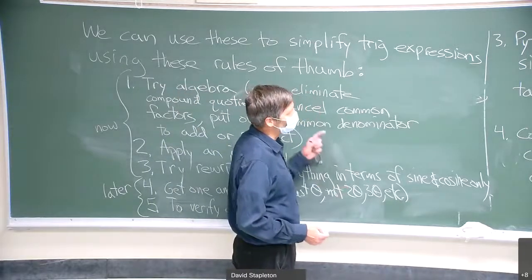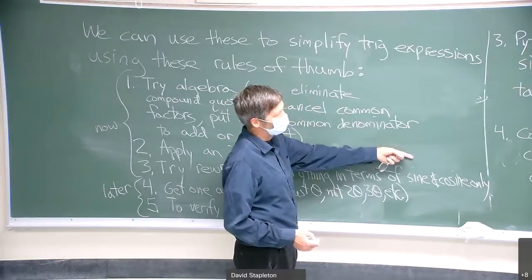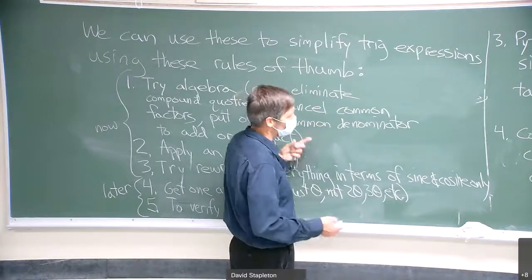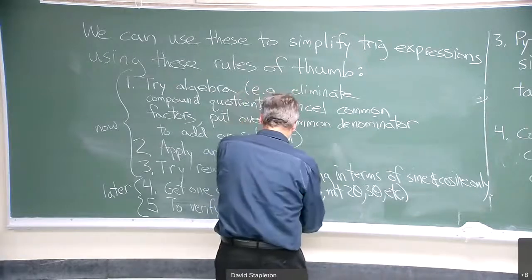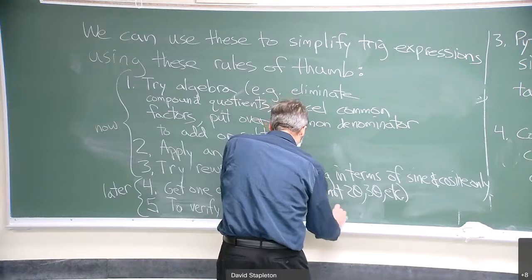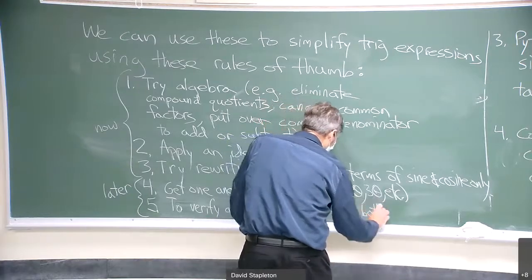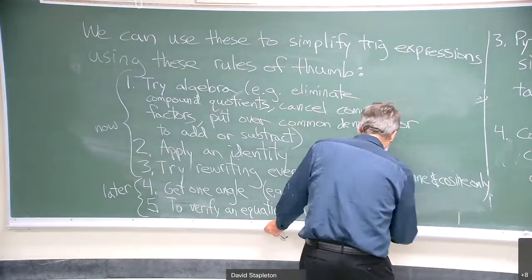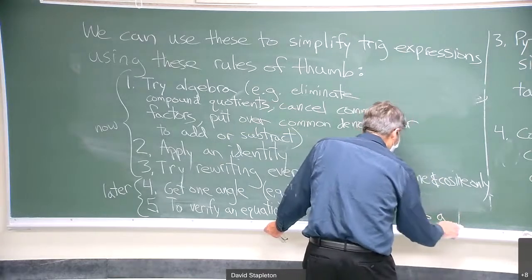Sometimes it's just too hard to start with your premises and go to your conclusion. Sometimes you can start from the conclusion and write equivalent statements to get back to your premises. So to verify an equation, sometimes it helps. You can work both ends, both sides of the equation, to a common middle to prove an equation.